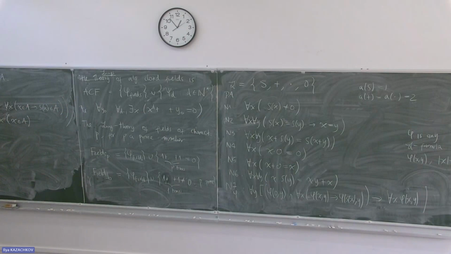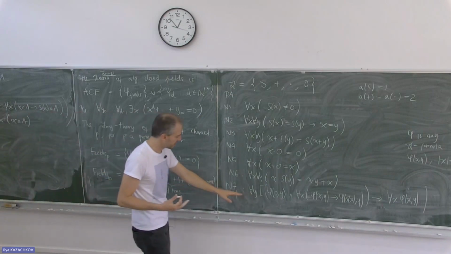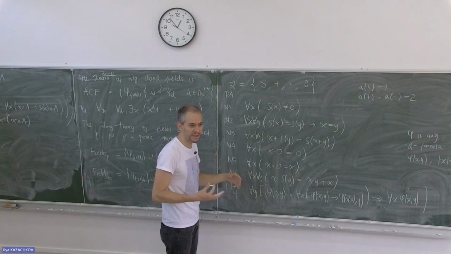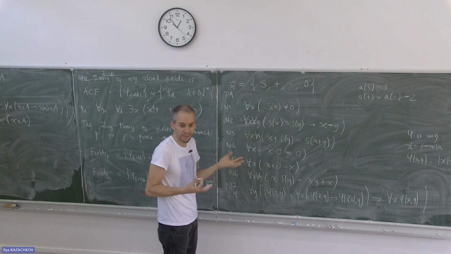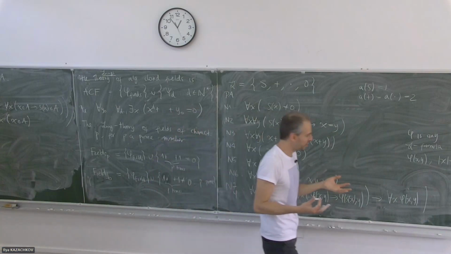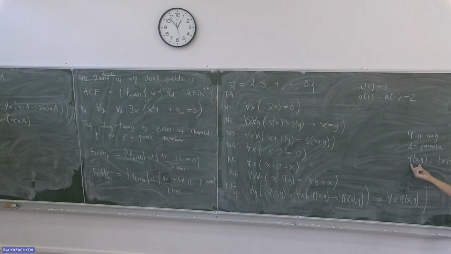This is a much stronger axiom because here I'm quantifying over all possible subsets of the natural numbers. And here actually I have such a statement only for countably many subsets of the natural numbers. Because, well, formulas, there are only countably many. Possibilities for this y to be a natural number, there are countably many.